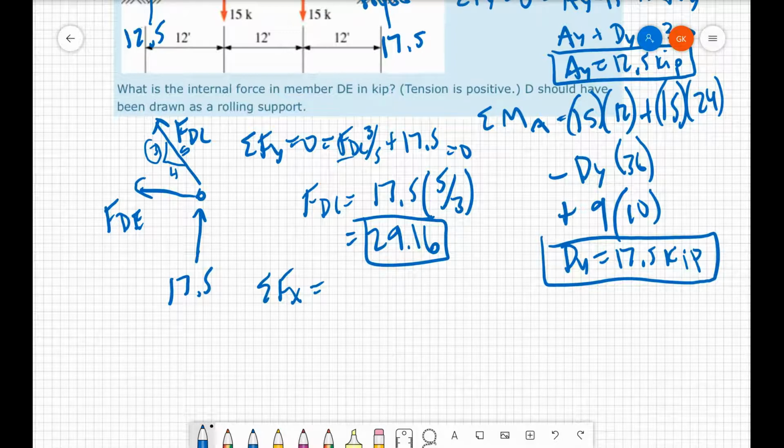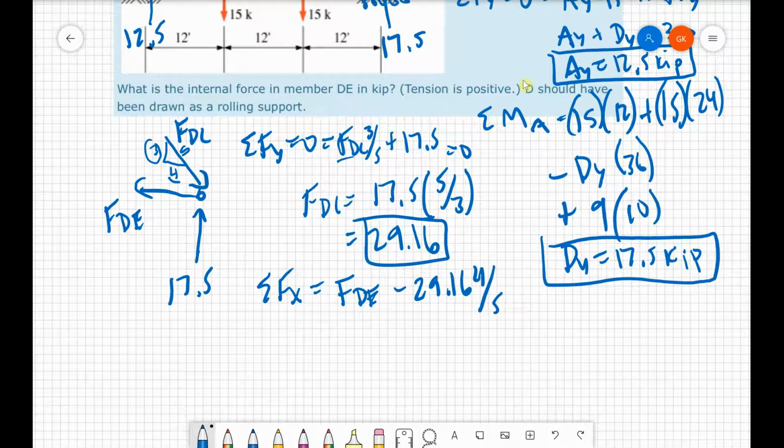Okay, so the sum of the forces in the X is going to be equal to FDE minus, remember, this is drawn in the wrong direction, (29.16), and we're using the horizontal component this time, so times 4 over 5.